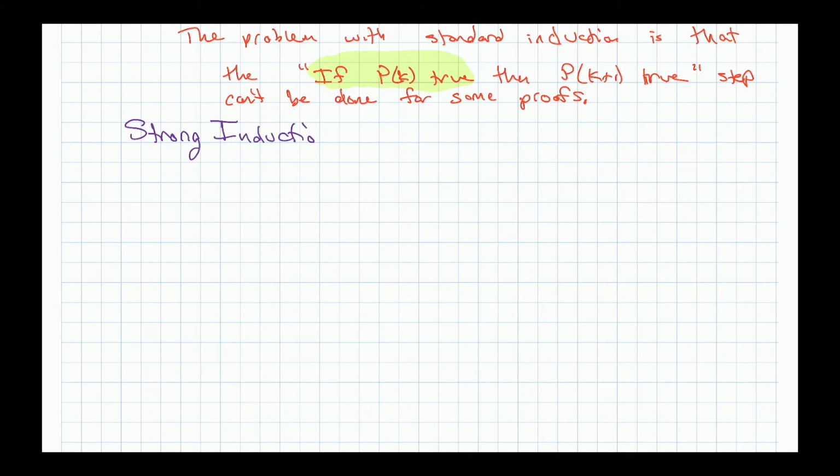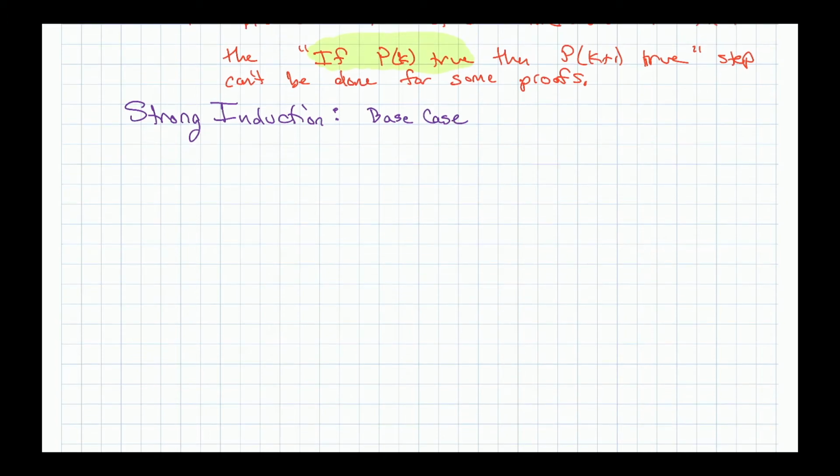Here's what strong induction says. I'll write out the base case first. You're still going to show P of 1 is true, or whatever it is for the first number that you need to check. But for the induction step, it's a little bit different now.